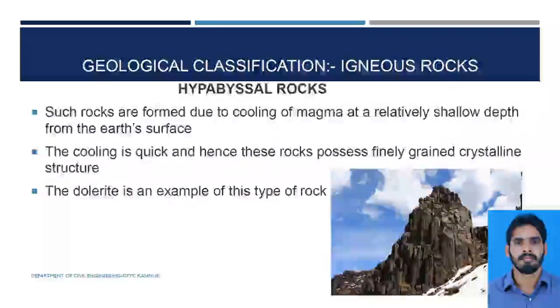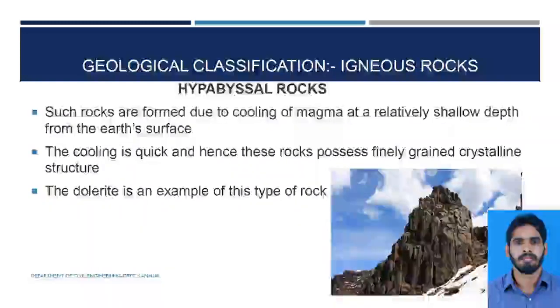Next comes the hypabyssal rocks. Such rocks are formed due to cooling of magma at a relatively shallow depth from the Earth's surface. Those rocks are formed from shallow depth, okay, that is, there will be some meters. It is not specified anywhere here.